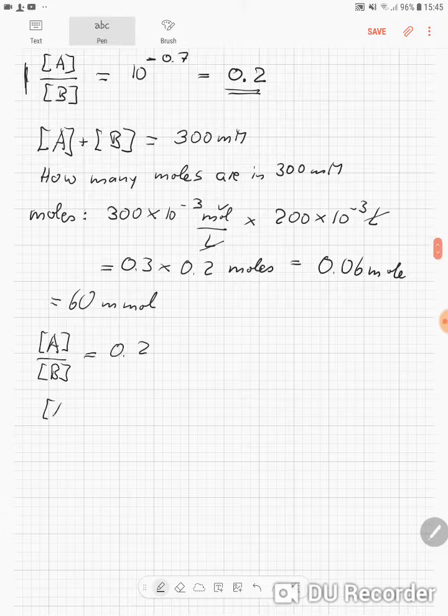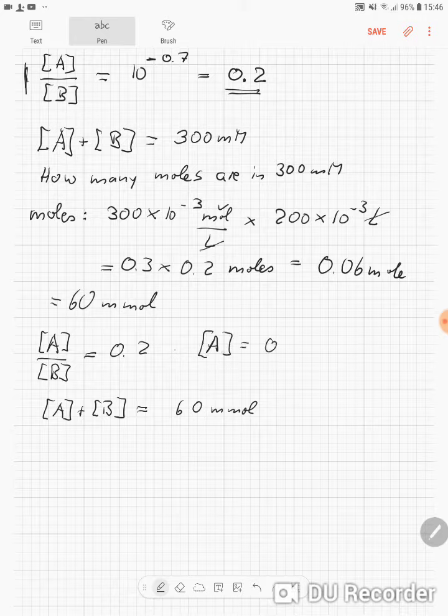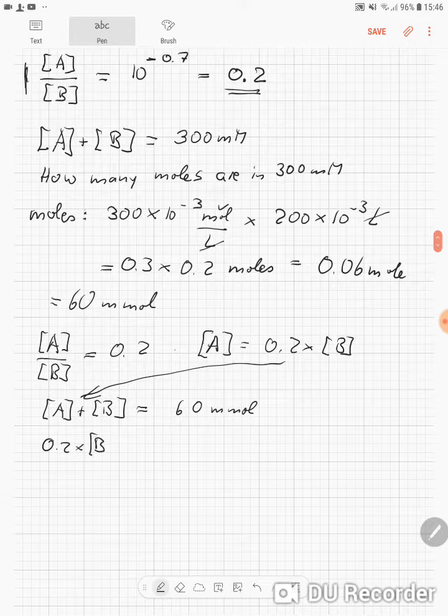We know that A plus B equals 60 millimole. So all we need to do is we can calculate A here. So A equals 0.2 times B. And we put that in here. So we have 0.2 times B plus B equals 60 millimole.